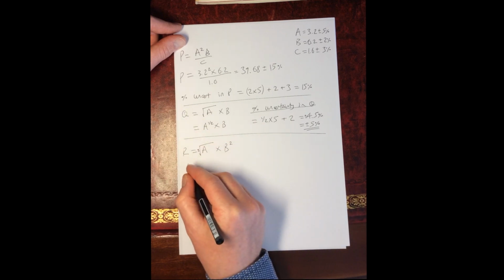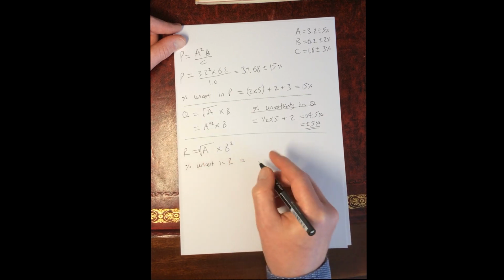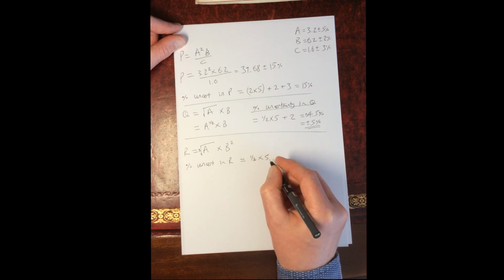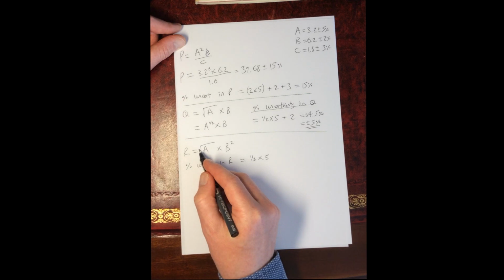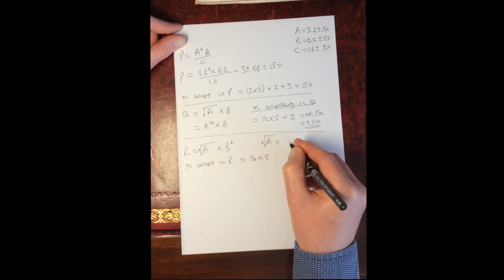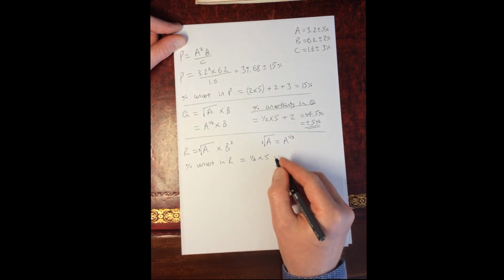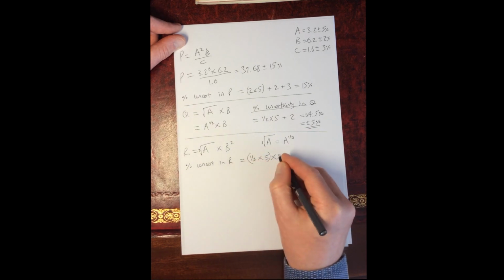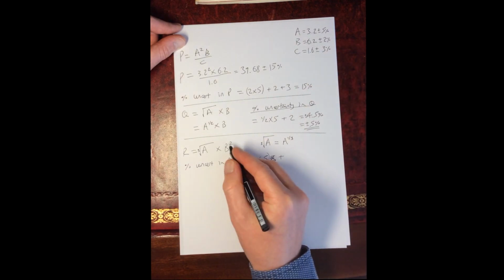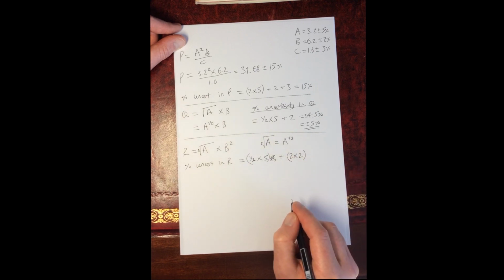The percentage uncertainty in R now will be equal to 1 over 3 times 5%, because cube rooting this is equal to raising A to the power of a third. So it's a third times 5 plus your percentage uncertainty in B, which is 2%, but you're multiplying that by 2 because you are squaring it. Because you square B, you multiply the percentage uncertainty by 2.